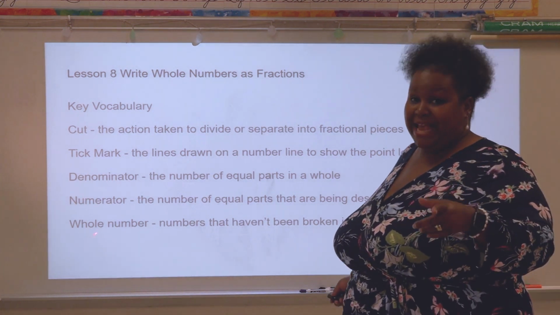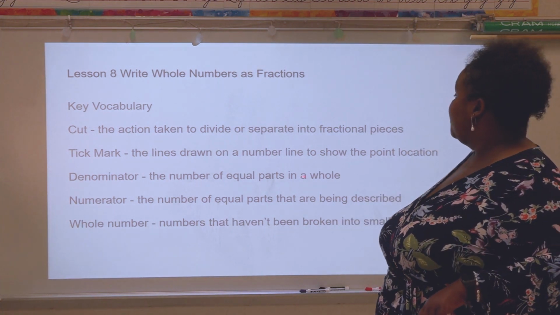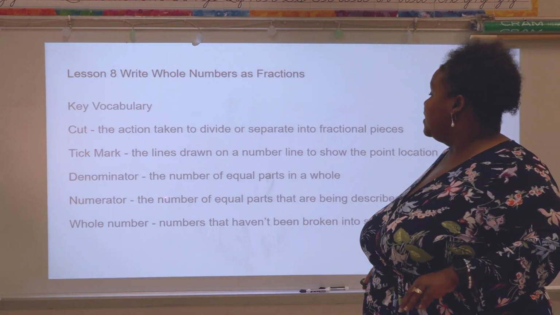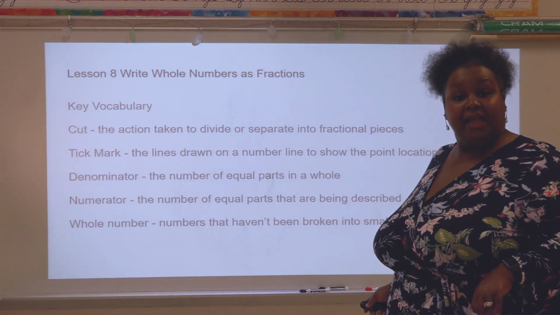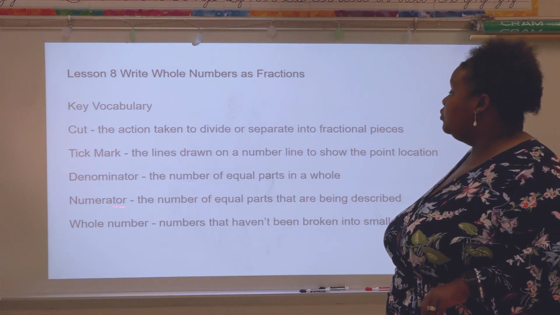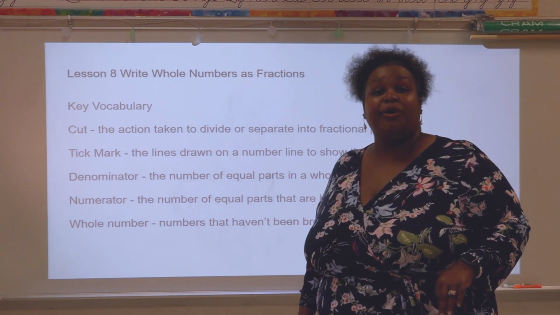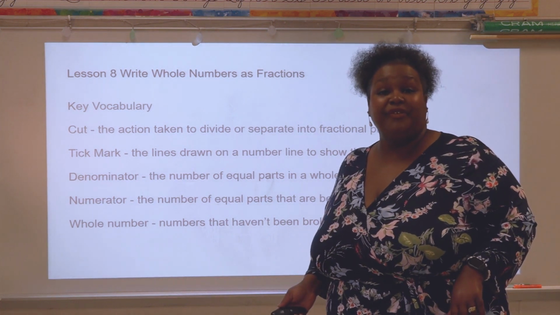Denominator, the number of equal parts in a whole. Numerator, the number of equal parts that are being described. And the last vocabulary word, whole number. Numbers that haven't been broken into smaller parts. We might come back to this slide as we're working to review these words.